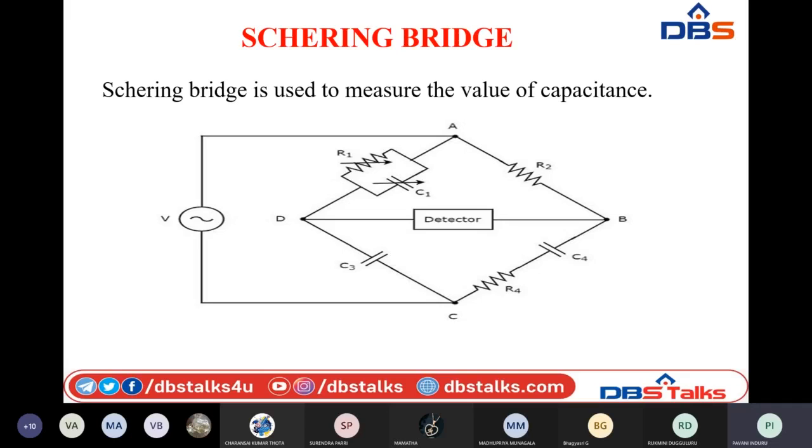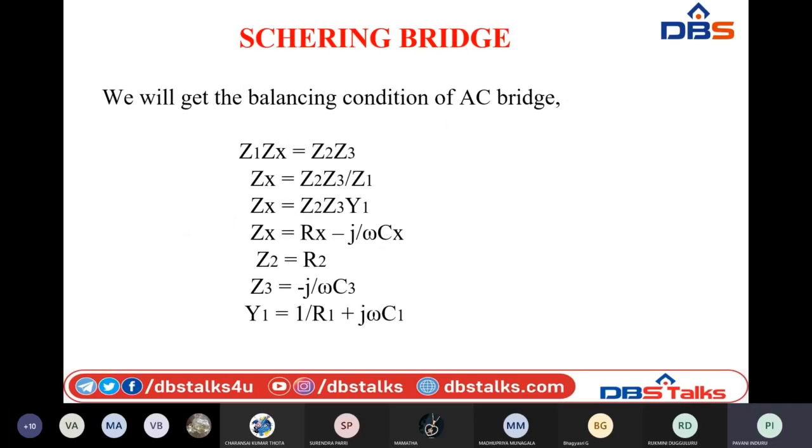We can consider Cx or Rx, whose values are to be determined with the help of the Schering bridge. This unknown capacitor Cx and Rx are going to be compared with the standard resistor R1 and C1, which are adjustable to obtain the balance of the bridge. Whenever the bridge gets balanced, we obtain the same expressions as we have done for the other bridges.